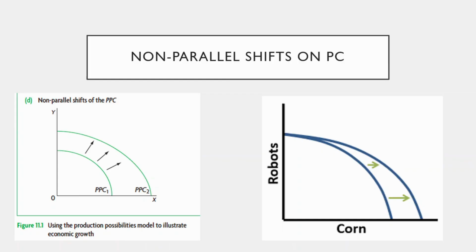This is a non-parallel shift right here. It's going more to good X than good Y. Same thing right here. For example, for the robot and corn, we could say there's a new type of fertilizer found that allows corn to grow faster. So you're going to see it shift more on the corn side and very little on the robot side because they do not use fertilizer.